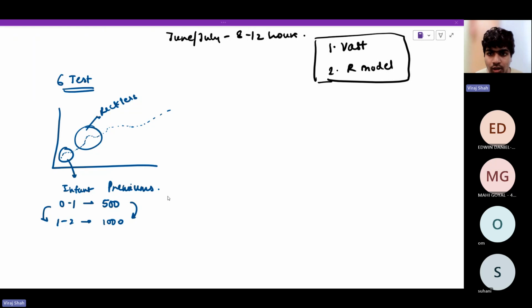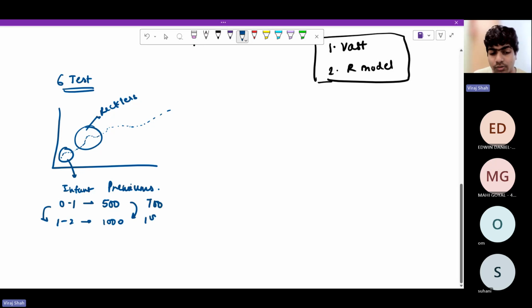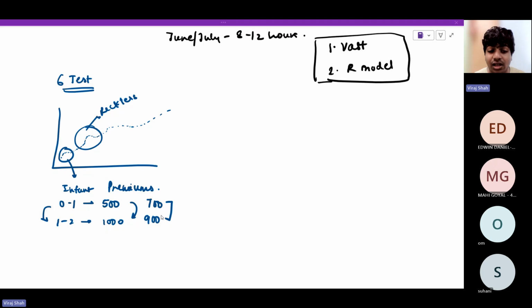Very simple. Suppose today I was paying 500 and tomorrow the company is asking for 1,000, I am not going to pay. I will switch to a company that gave me an insurance premium of 700 a year and 900 a year. A jump of 200 is justified, but a jump of 500, for example, is not justified. Again, these are vague examples just to explain.